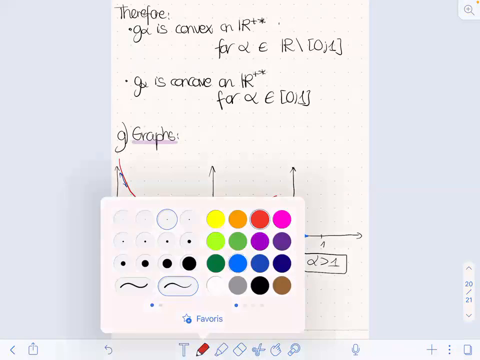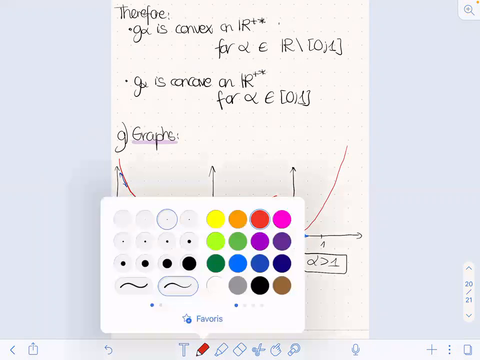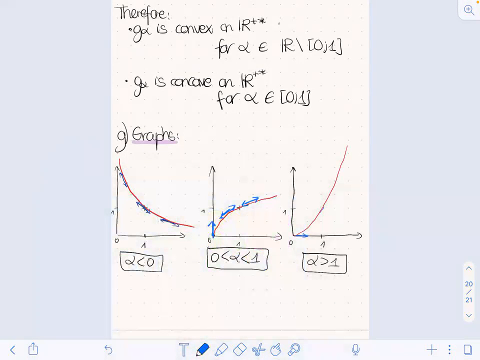And the behavior, if you take a look, will be something like this. And so you're going to be above all your tangents. And so that's roughly what happens for alpha greater than 1.